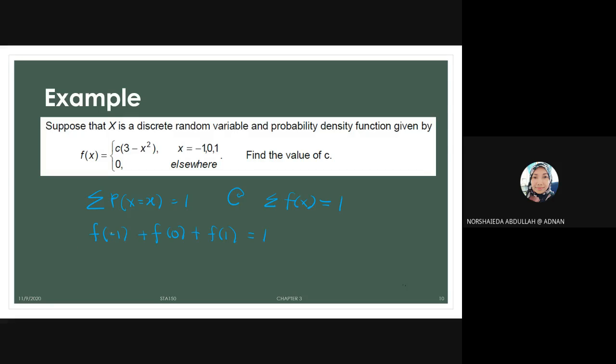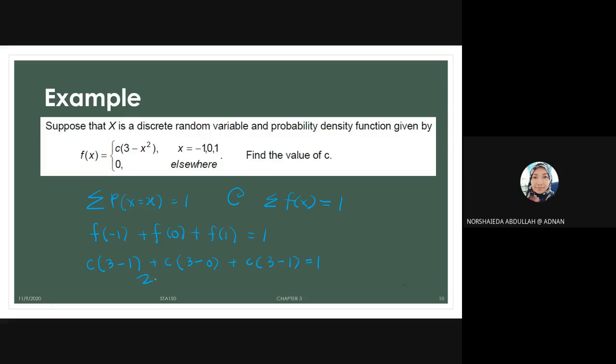f(-1) means we substitute -1 in place of x. Okay, so C times (3 minus (-1) squared) plus C times (3 minus 0 squared) plus C times (3 minus 1 squared) equal to 1.